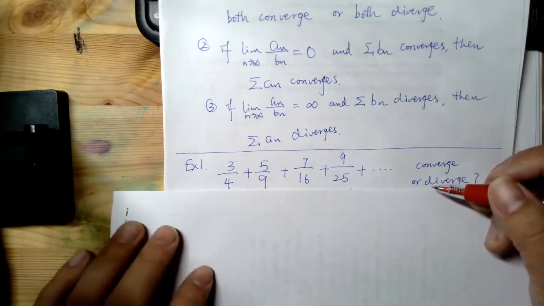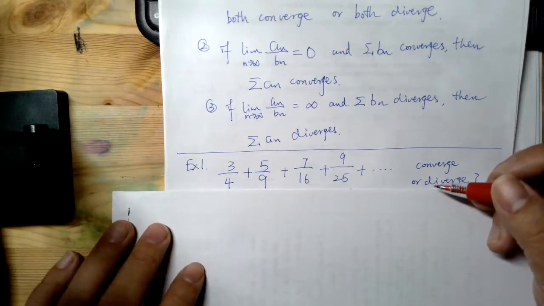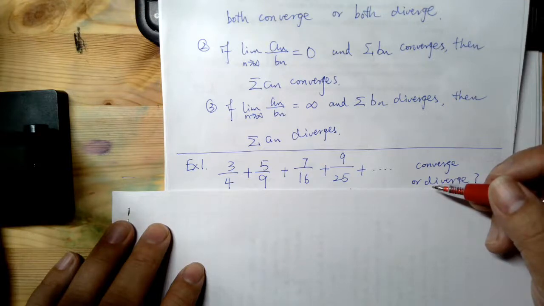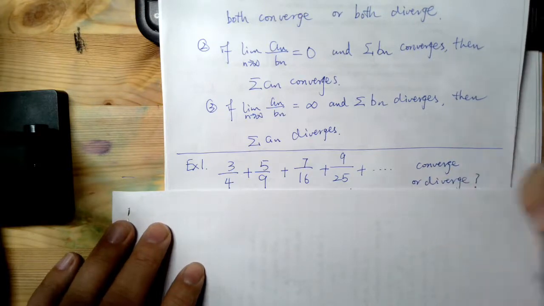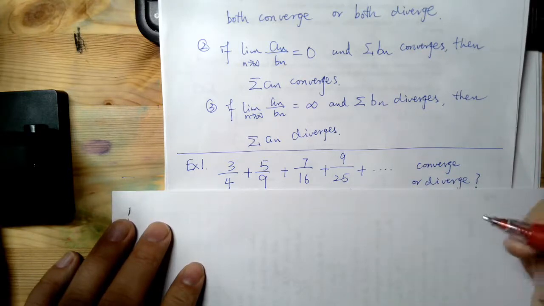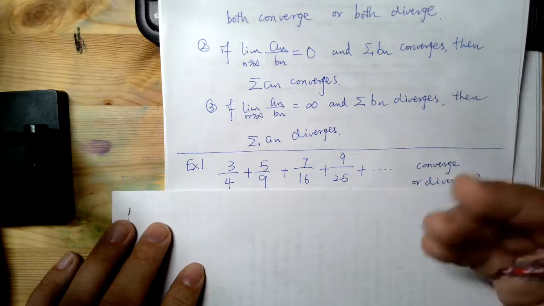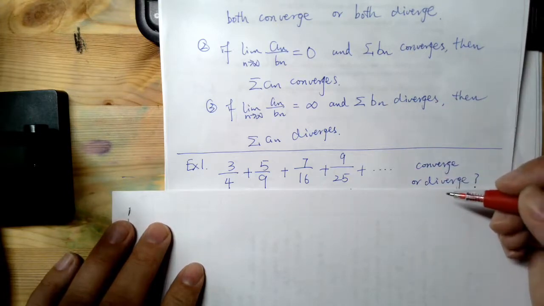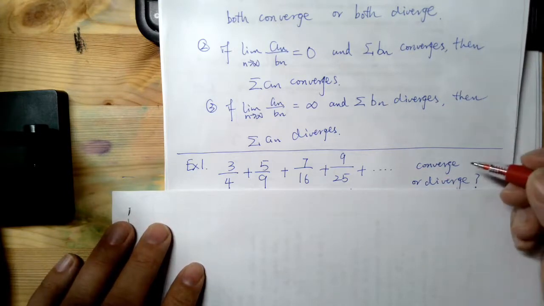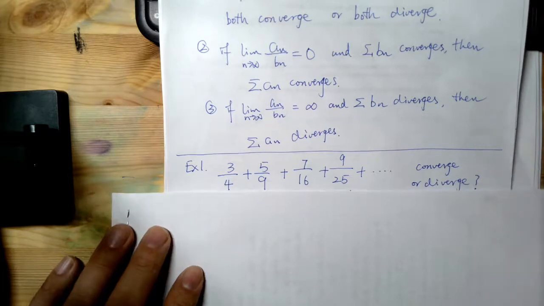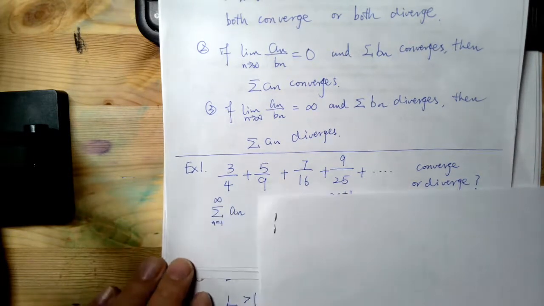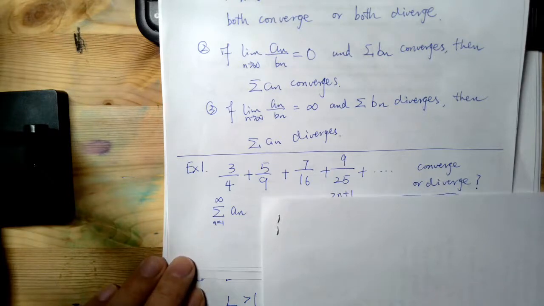But before we apply that, first of all, we need to find the sigma notation for this series. In other words, I need to write what is a_n, the nth term expression in terms of n, and then I can move forward. So how do I figure out this a_n?